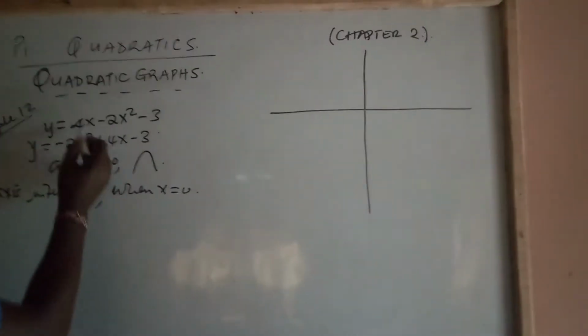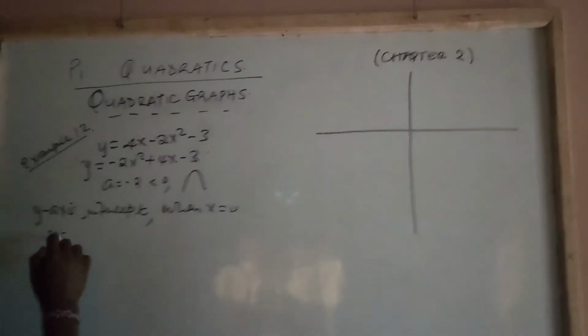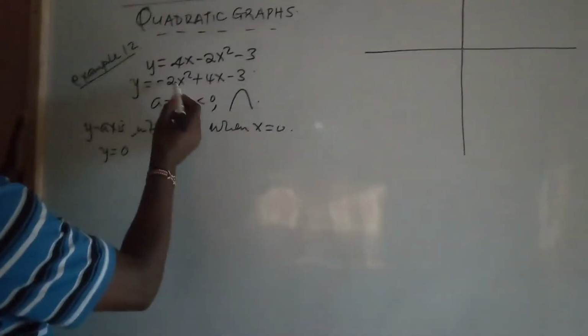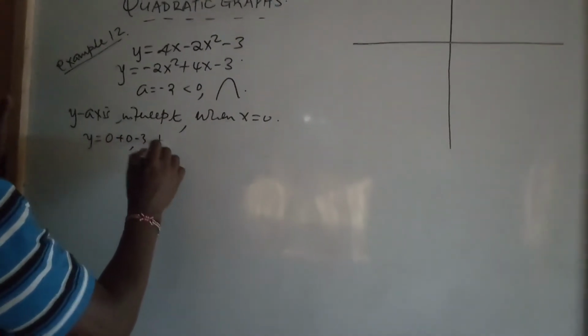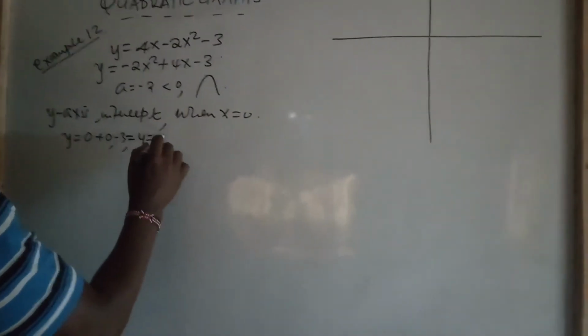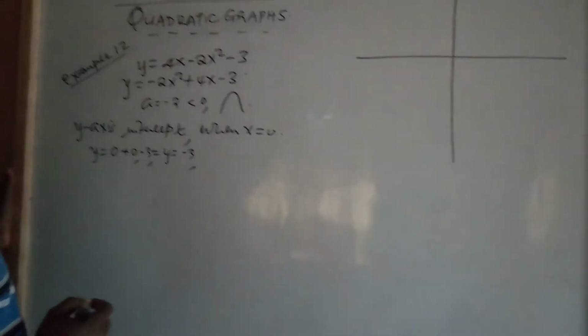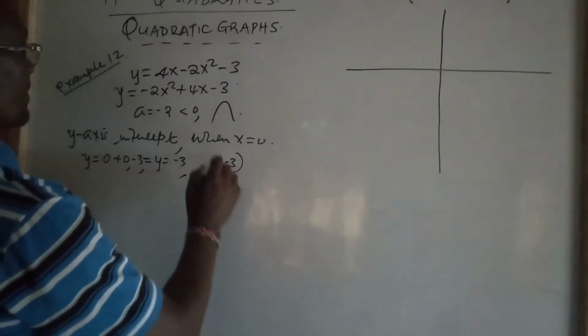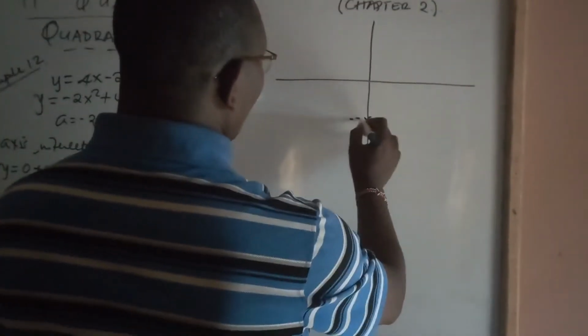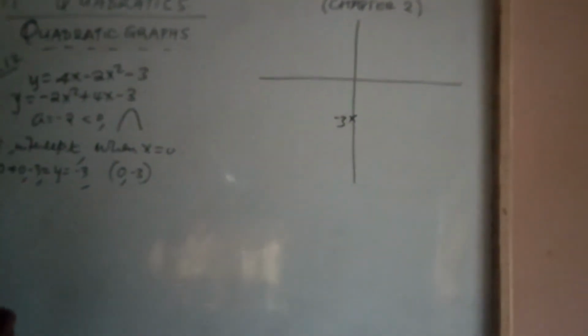So when x is equal to 0, the whole of this term becomes 0, plus 0 minus 3. So y is equal to negative 3. The coordinates of the y-intercept are (0, -3). Let's consider it to be there. That is the y-axis intercept.